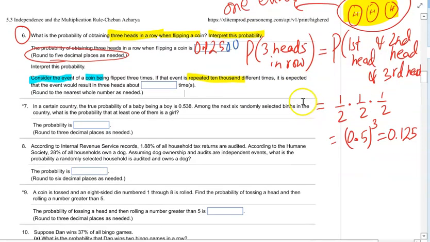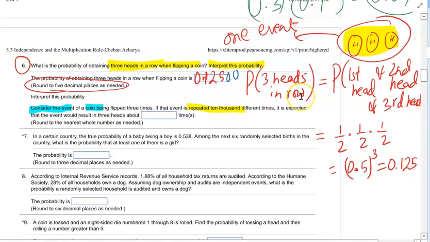That's the question. To find that, you multiply 0.125 times 10,000. Okay, that gives you 1250.